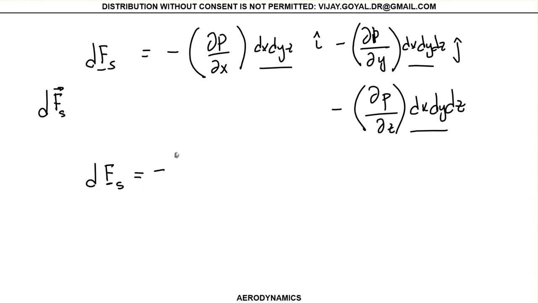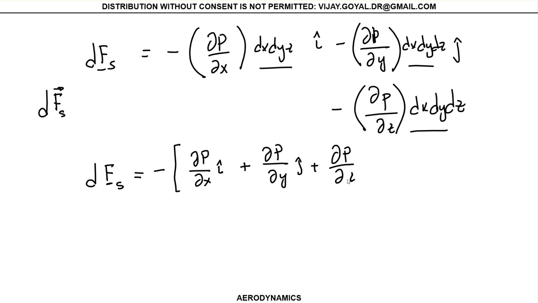So it's minus partial of p with respect to x, i, minus partial of p with respect to y, j, sorry, plus, with the minus sign already there, partial of p with respect to z, k, dx dy dz.